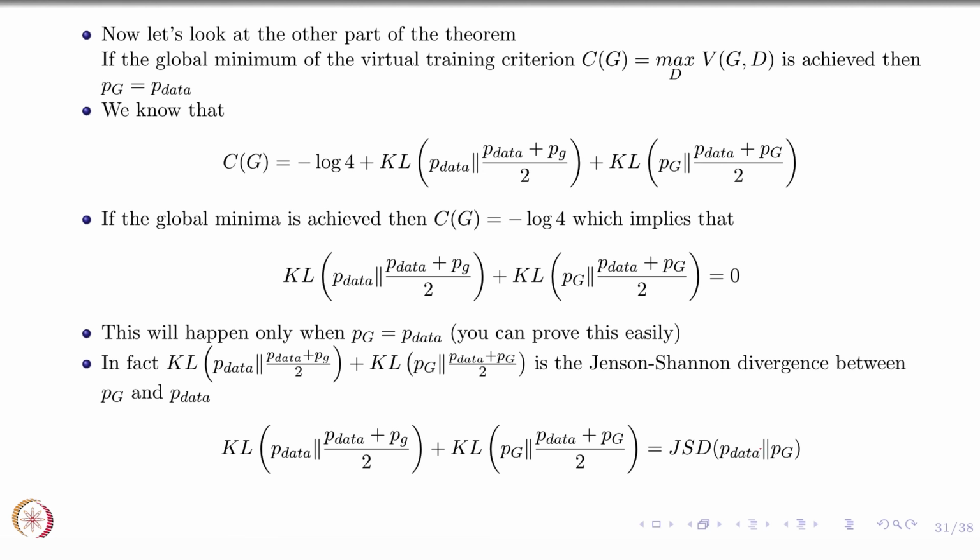So this is actually the Jensen-Shannon divergence between P data and PG. And the Jensen-Shannon divergence would be 0 only when P data is equal to PG. So whichever way you want to prove it, you can. Either prove that this equal to 0 implies that PG is equal to P data, or just use that this is the Jensen-Shannon divergence. Not assume that, that's the actual relation. And that will be 0 only when PG is equal to P data.